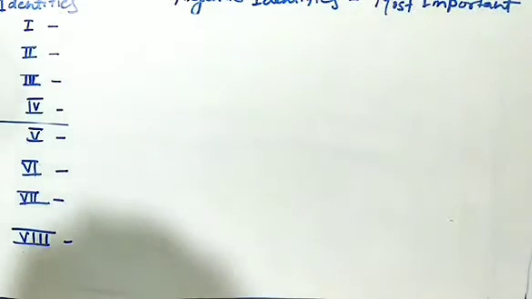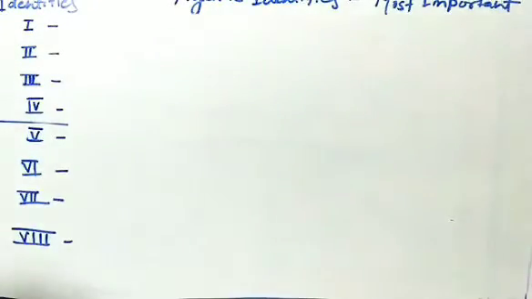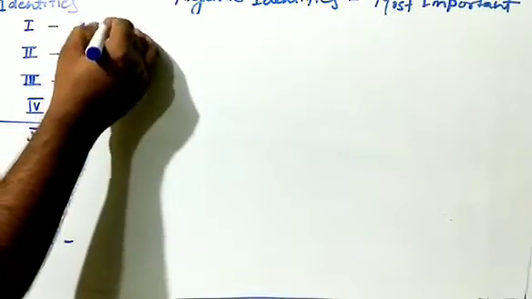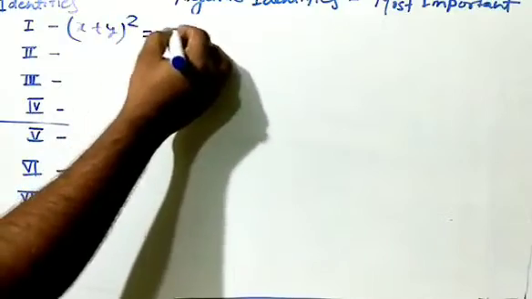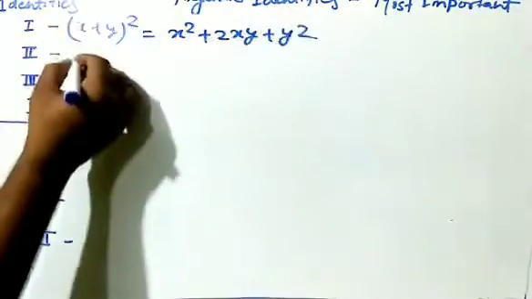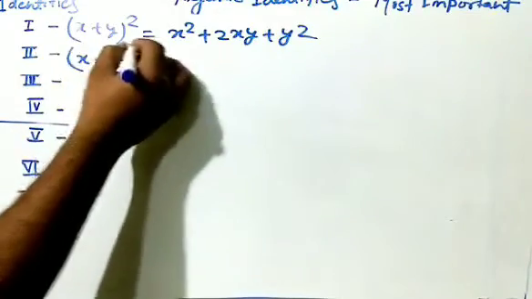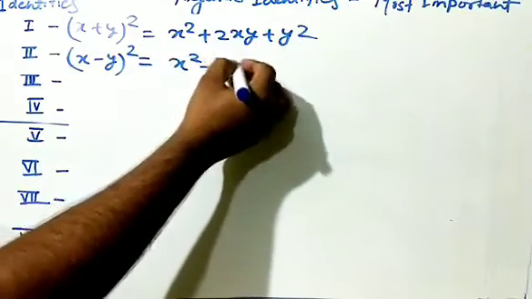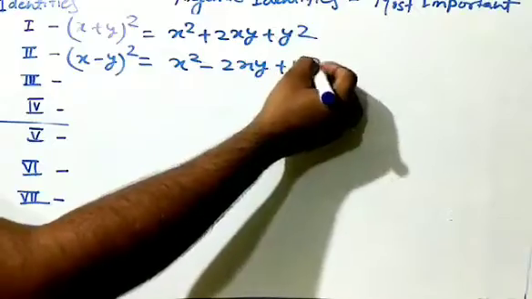So the next topic is algebraic identities, which is the most important topic. The first 4 identities which I am going to write here are familiar to you because you have studied them in the last class. First of all, x plus y whole square equals x square plus 2xy plus y square. x minus y whole square equals x square minus 2xy plus y square.